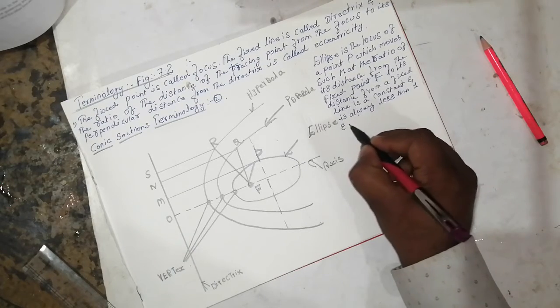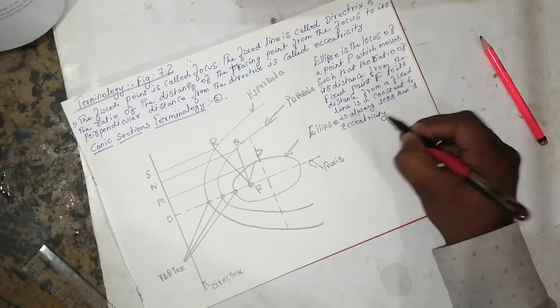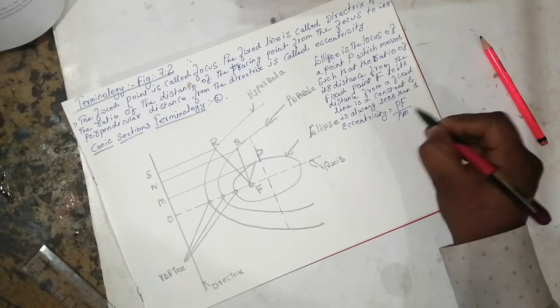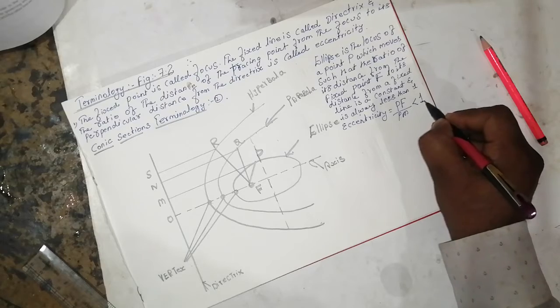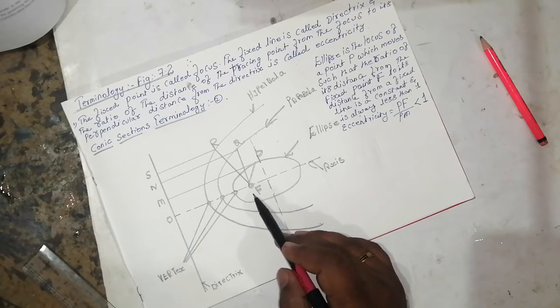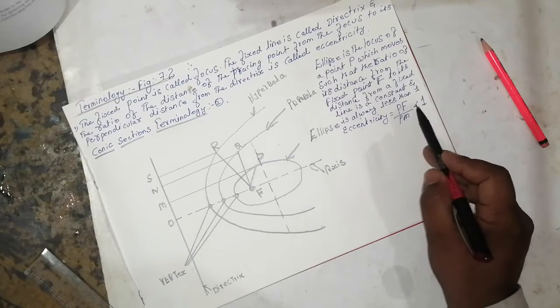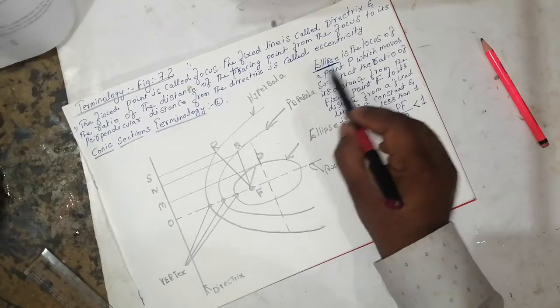So the eccentricity is PF by PM, lesser than 1. PF by PM is lesser than 1. So this is for the ellipse.